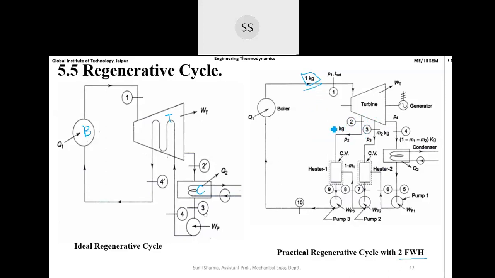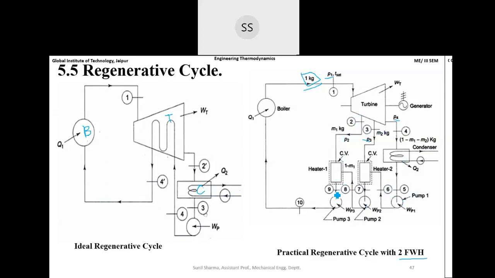So assume this is only 200 grams, or 0.2 kilogram. So 0.2 kilogram came here at P2 pressure, which is definitely lesser than P1 but higher than P3 and P4. All right, so at P2 pressure it goes to the control volume approach and the heater here, and this heater is used to heat the water.